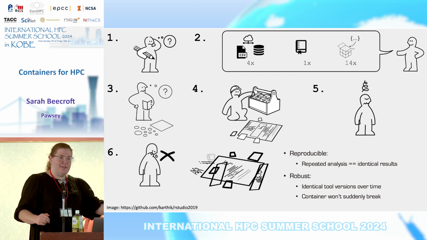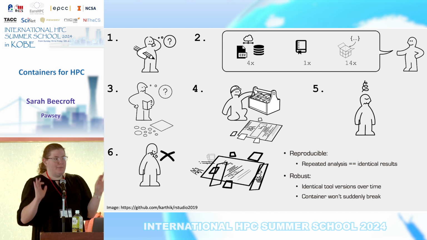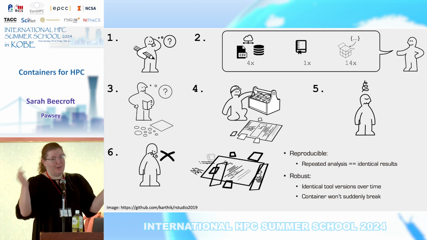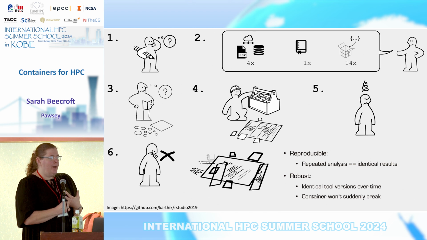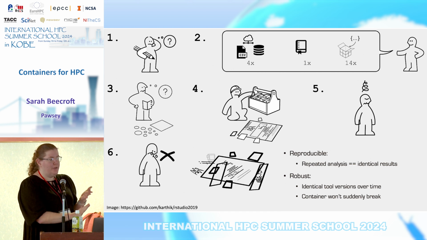You don't want to have these batch effects because you couldn't remember which version of R you used. You need to make sure it is locked down and you're going to get exactly the same identical results, and it's not going to be skewing your analyses. And also this robustness. With a container, you lock down these identical tool versions over time and your container won't suddenly break.